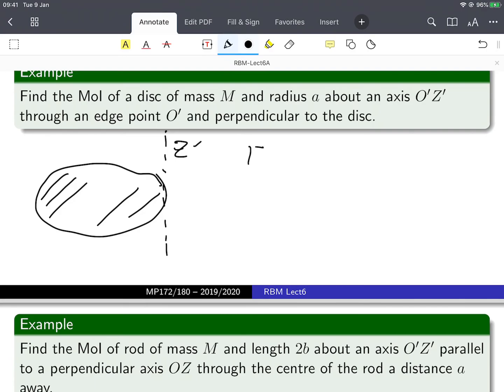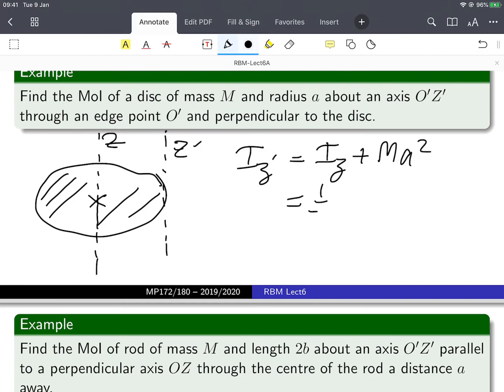So I know that Iz prime, by the parallel axis theorem, if I call Z the axis going through the center of the disk, Iz prime is going to be Iz plus M A squared. And just earlier I showed that Iz was a half of M A squared. And so I end up with 3/2 M A squared. Easy.